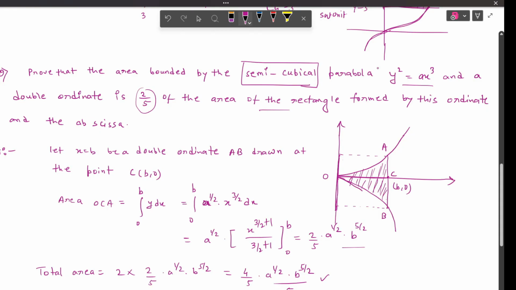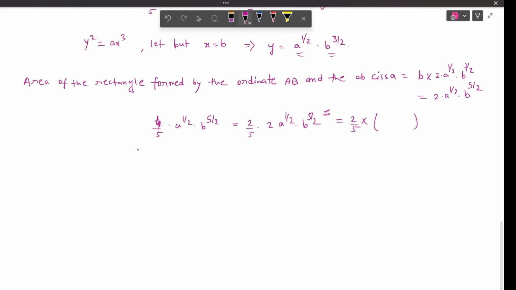Okay, this area we got as this, and this area is 2 by 5 times the area of the rectangle formed by the ordinate AB and the abscissa. Okay, so this is the proof we need.